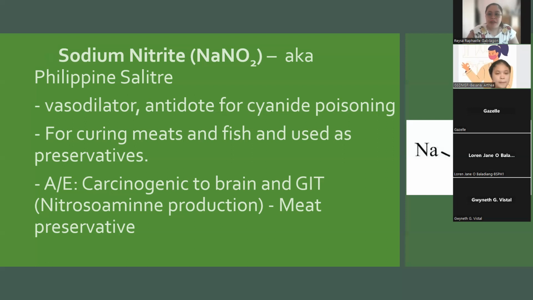So Philippine salitre, the sodium nitrite, is a carcinogenic substance, especially to the brain and the gastrointestinal tract. And that is because of the production of the nitrosoamine. Inside the body, the sodium nitrite will be converted to nitrosoamine, and that is the reason why it is carcinogenic. Okay? So you have to make sure na if you consume preserved meats and fish, they don't use sodium nitrite there as preservatives. Kasi again, carcinogenic siya.